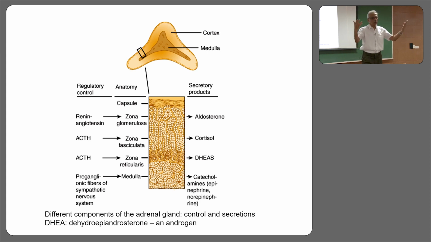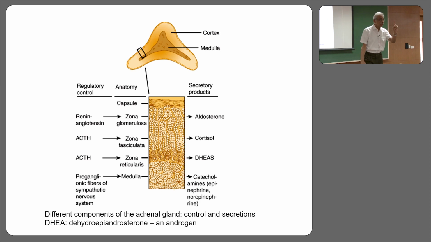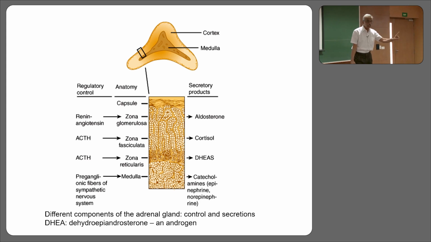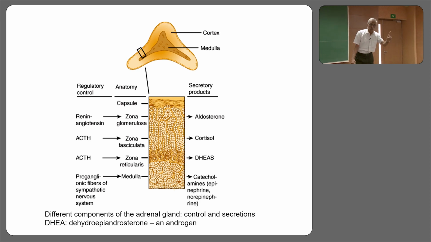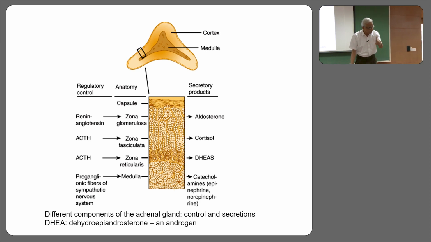Zona glomerulosa. Aldosterone is the most important mineralocorticoid in our body. Why did I say it three times? It's very important. So, tell me the name of the most important mineralocorticoid in your body, and where is it secreted from?